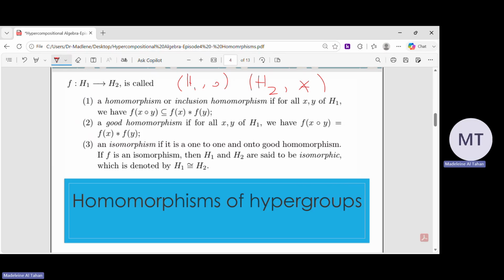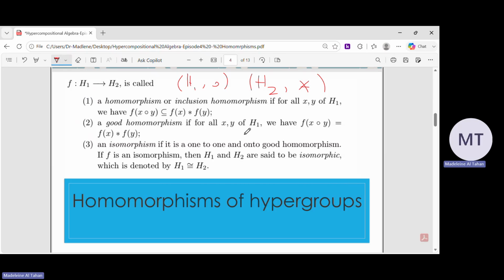A homomorphism, or in some books we call it inclusion homomorphism, if whenever x and y are in H1, the image of x round y is a subset of f(x) star f(y).